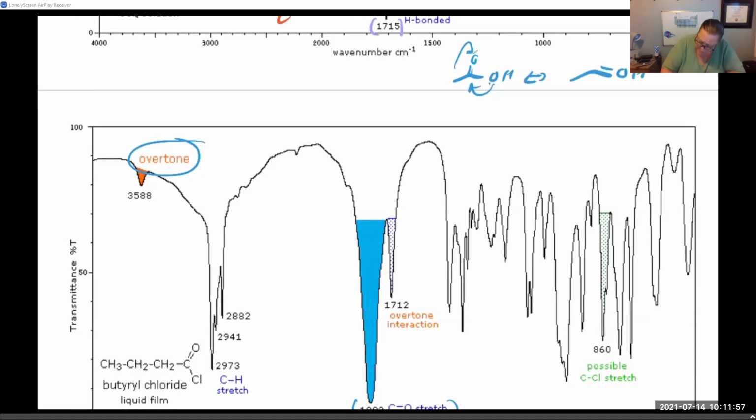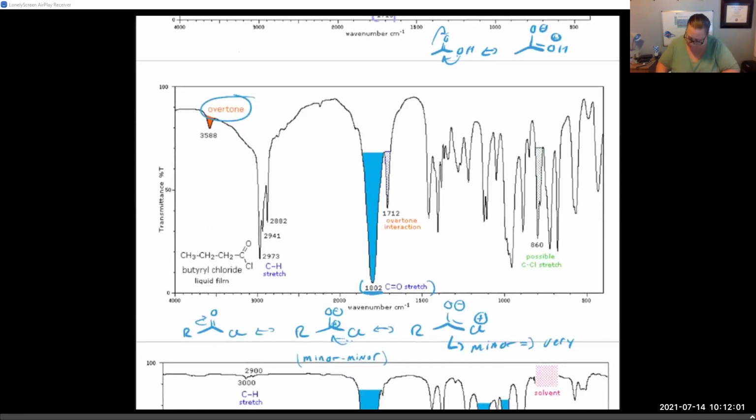Now, here and here, these are basically the same type of resonance form, right? Got a negative charge on my carbonyl oxygen, and I have a positive charge on my heteroatom. Both are minor contributors. The major contributor is the double bond to the carbon oxygen, the carbonyl bond.